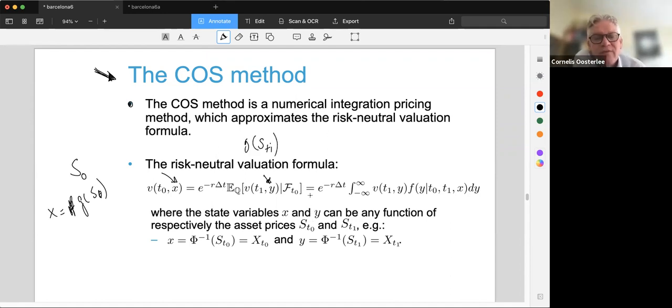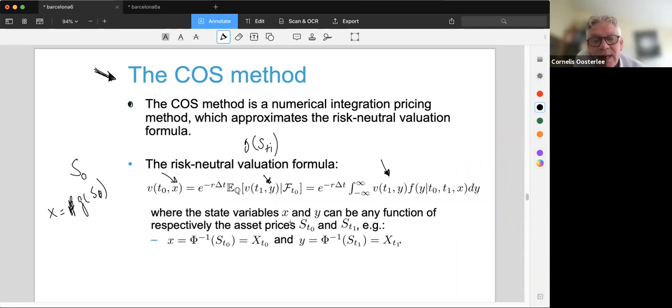If we write that out again, that's e to the power minus r delta t, times the integral from minus infinity to infinity of v at t1, the value of the option at t1 with our unknown y, times the transitional probability density function, dy.